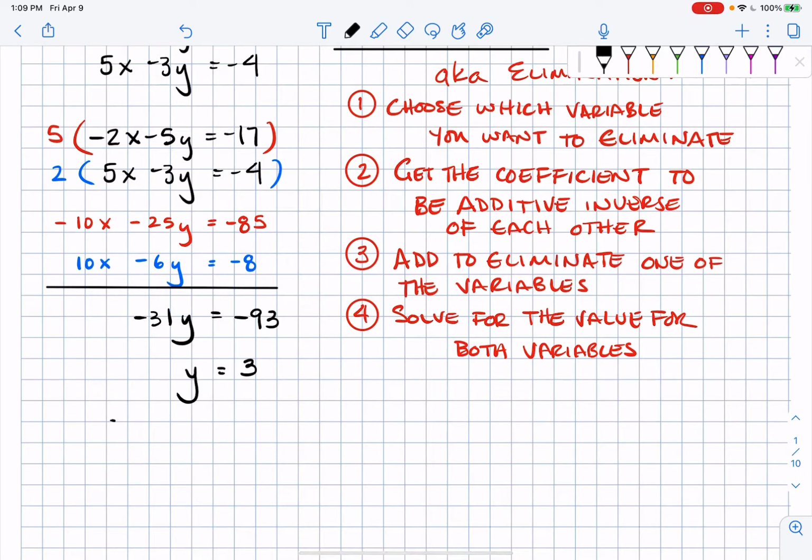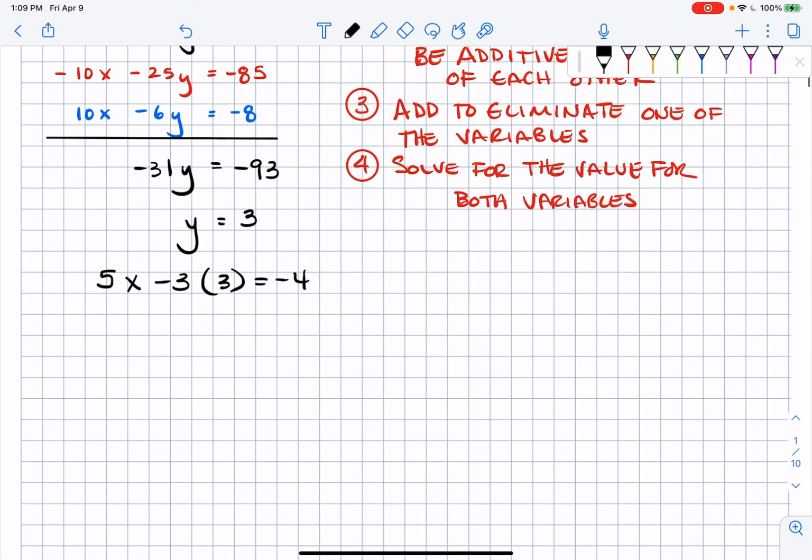So I'm going to plug in the 5x minus 3 times 3 is equal to negative 4. And then 5x minus 9 is equal to negative 4. Add the 9 over, so I get 5x equals 5, so x is equal to 1.